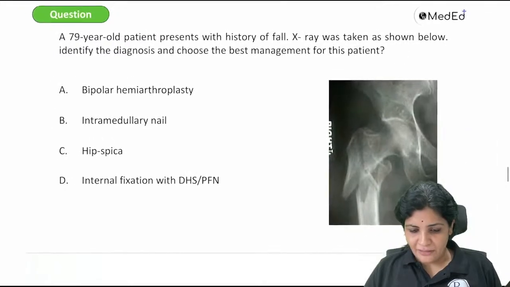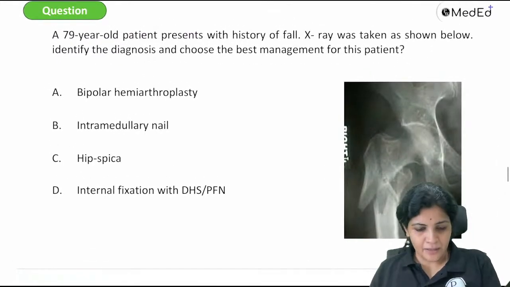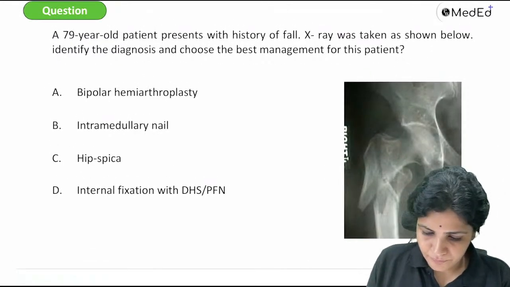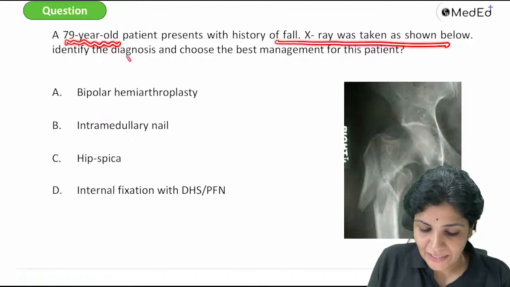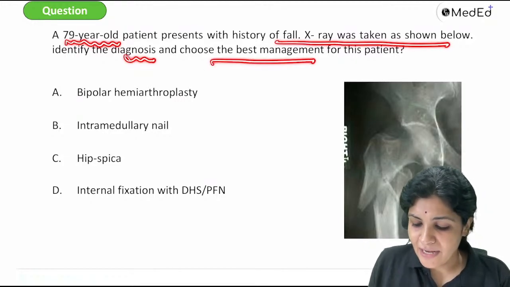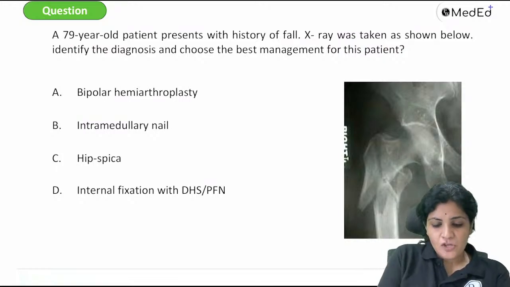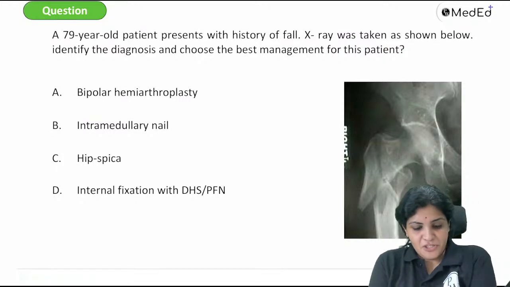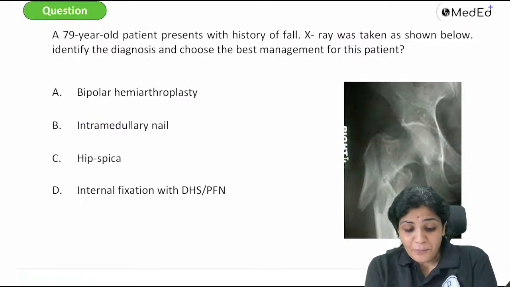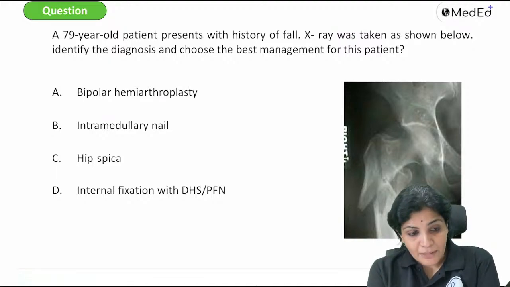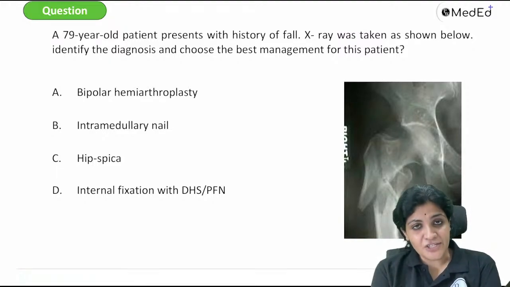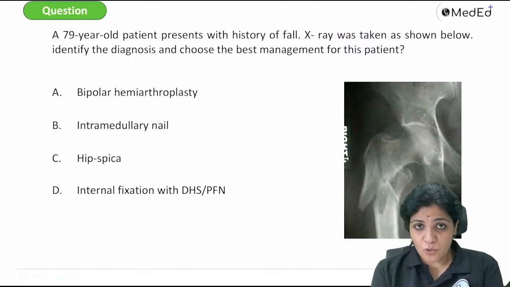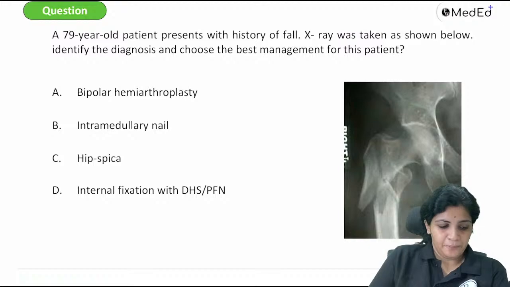Okay? Now this is very interesting. Quickly answer. A 79-year-old patient with a history of fall, X-ray was taken. Diagnose, and choose the best management for this patient. So what could be the best management? You either go for a bipolar hemiarthroplasty, or an intramedullary nail, or a hip spica, or internal fixation with a DHS, which is nothing but your dynamic hip screw, or a PFN, which is nothing but a proximal femoral nail.